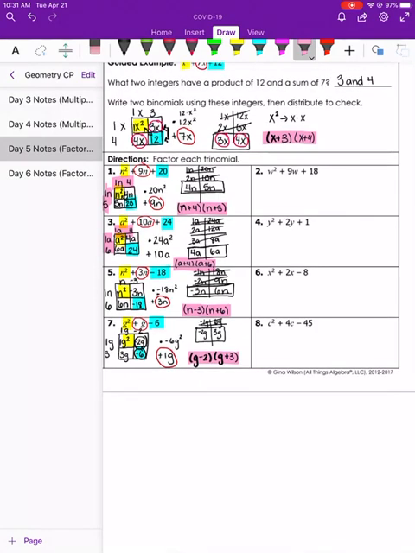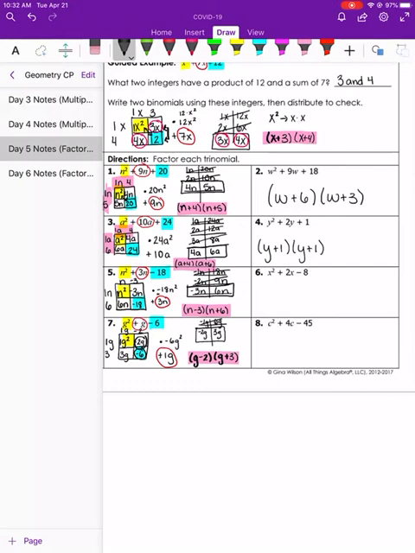So for 2, you guys should get W plus 6. That's still a highlighter. So now with the pencil, you should get W plus 6 and a W plus 3. For 4, you guys should get a Y plus 1 and a Y plus 1. Okay?